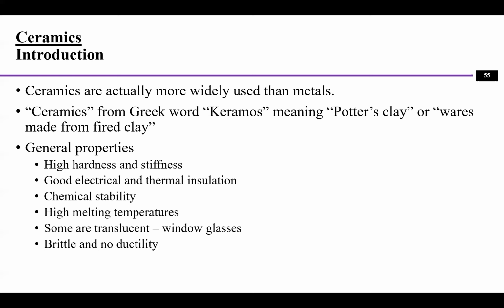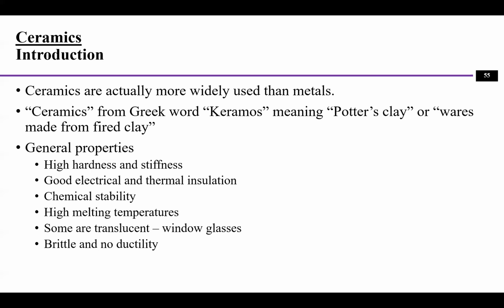And it has good electrical and also thermal insulation. So that's why you see a lot of ceramics being used in our food, right? And also in chemistry, because they are totally inert, and also they have high melting temperature.